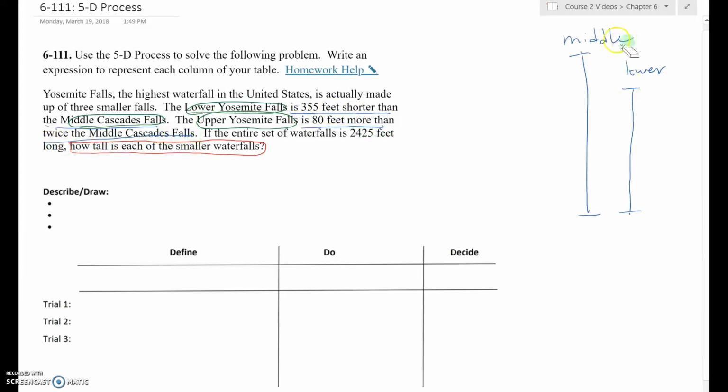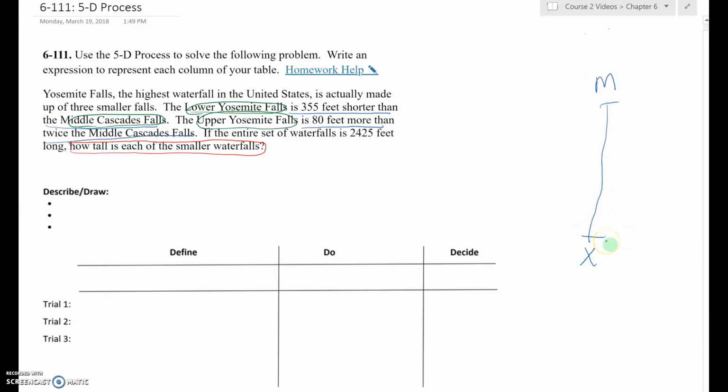So I need to draw these differently. The higher one is 80 feet more than twice the middle one. Here's the middle, and we're going to call that X. Middle is X length.